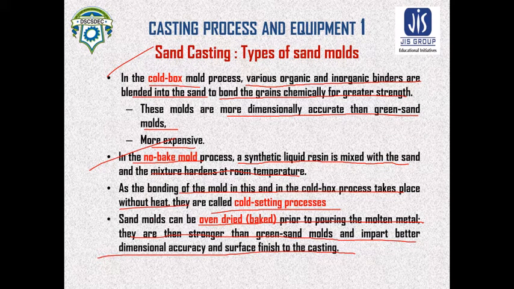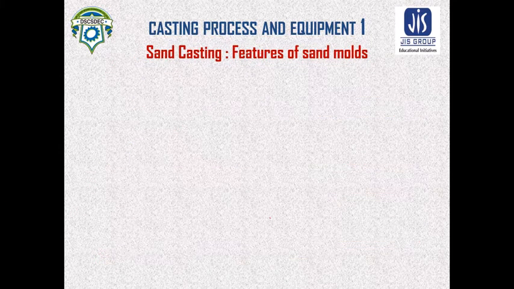Because by heating, by baking, we can remove the moisture present in the green sand mold. By removing the moisture, the porosity will be reduced, and as the porosity is reduced, the dimensional accuracy and surface finish of the casting will be increased.